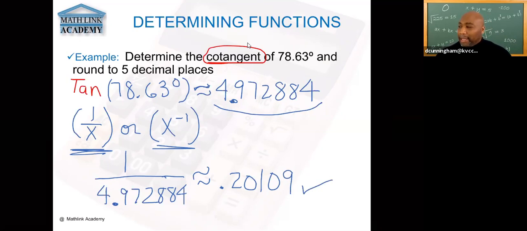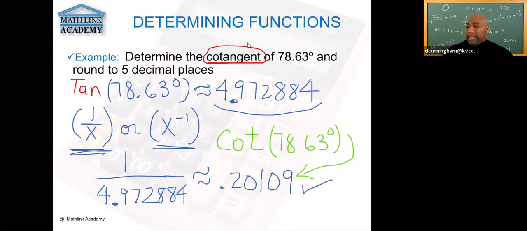Let's write the answer in a different color so we can see how to write it. The answer would be the cotangent, COT, of 78.6 degrees is approximately 0.20109.